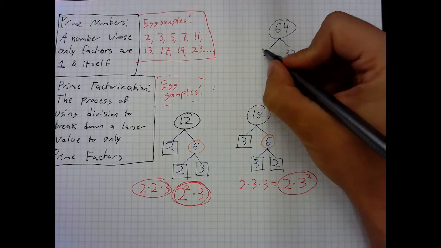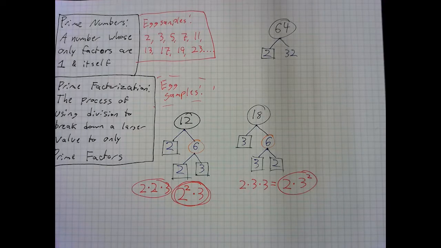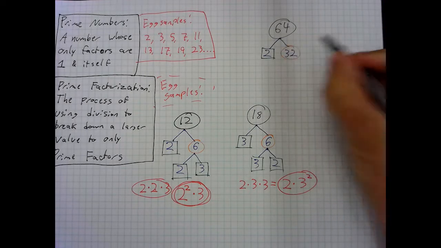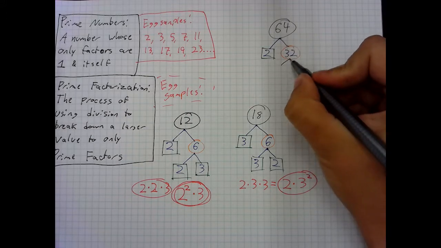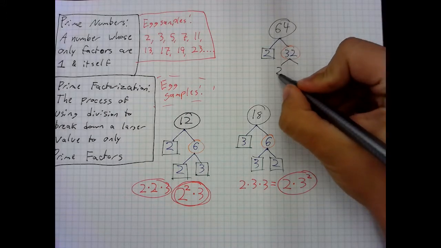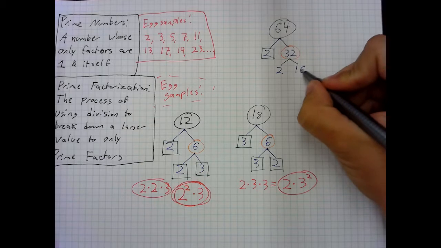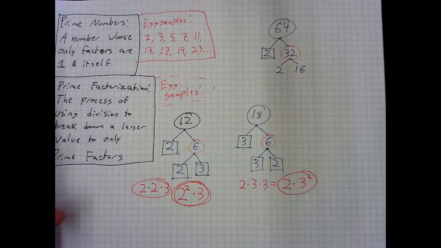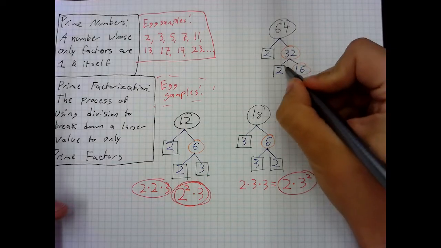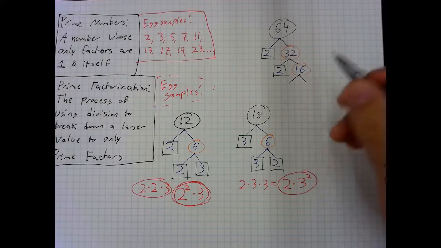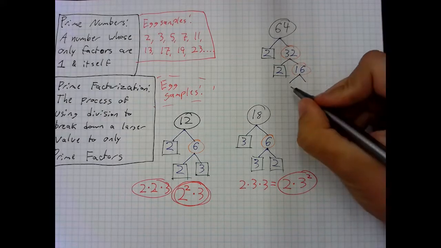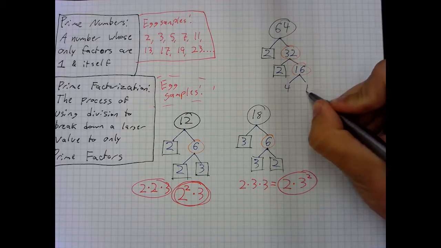We'll go ahead and put that 2 in a box and circle my 32. As we can continue to divide it, it is still an even number. 32 divided by, once again, 2 will give me 16. I'll go ahead and circle my 16 and put the 2 into another box. We can, of course, continue to work on that 16, but I'm going to break it up into 2 4s this time because I don't feel like dividing by 2 again.